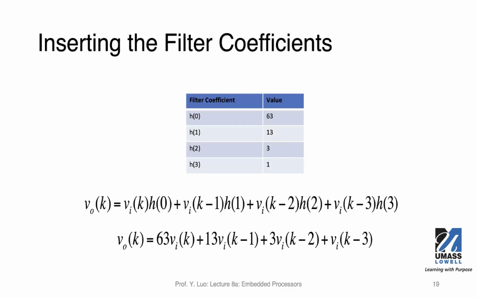So we'll move forward by replacing the coefficients with the values that we sampled from the impulse response function, scaled down by 100. So we have 63, 13, 3, and 1, and we apply those numbers in this final calculation.